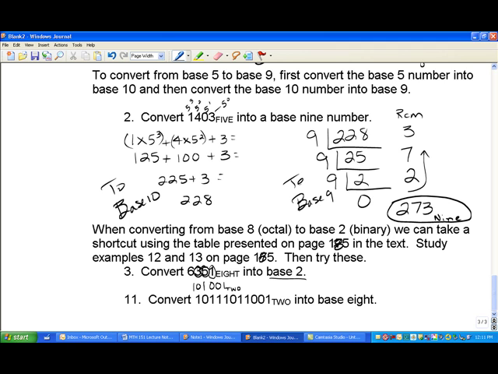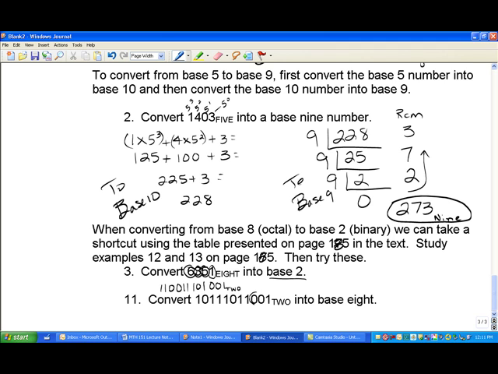It's 11, so I need to write it as 3 digits, 011. Finally, we need a 6, which is 110. So 6351 in base 8 becomes 110 011 101 001 in base 2. So it makes it a little bit quicker to do.